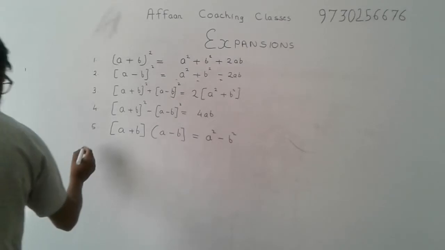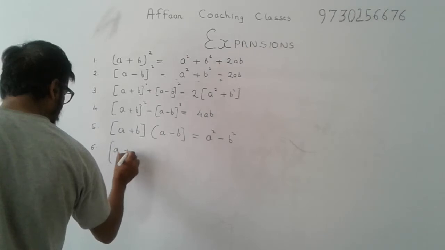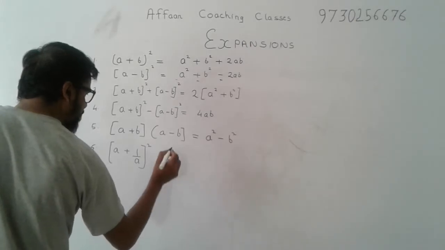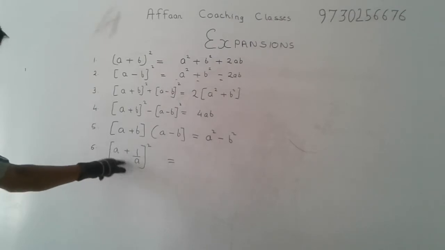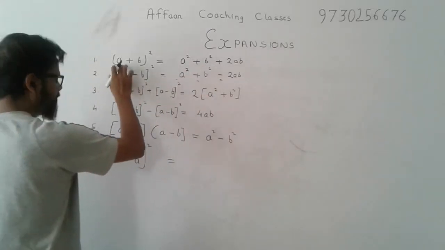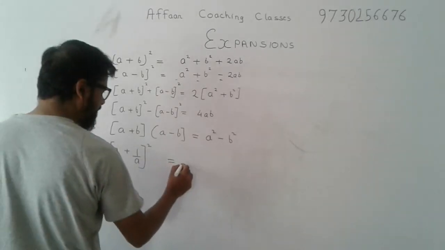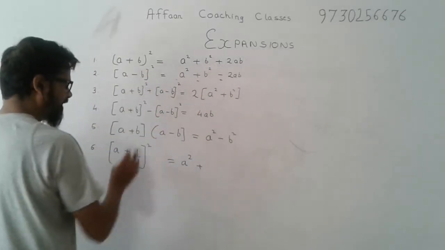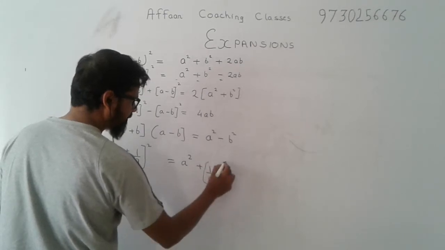Now, you have the sixth formula, that is (a plus 1 upon a) whole bracket square. Clear? Now the first term is a, plus the second term is the reciprocal of that number. So for this, again, you're going to use this identity where your first term is a, and instead of b you're going to use 1 upon a. So this will be a square plus b square. What we have in place of b, 1 upon a, so this will become 1 upon a square.